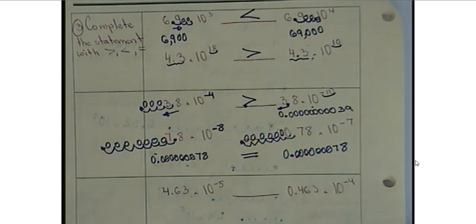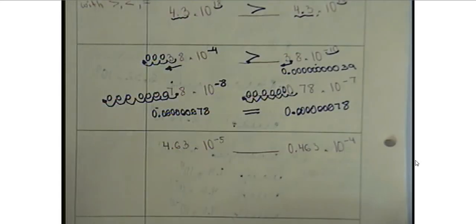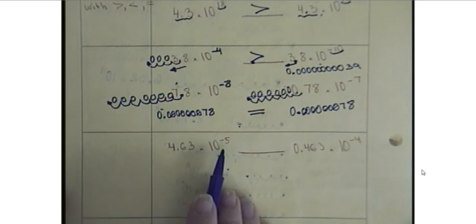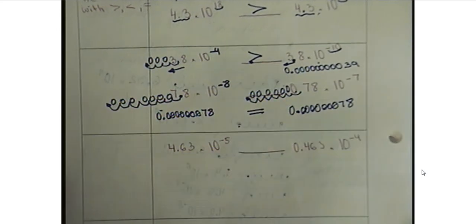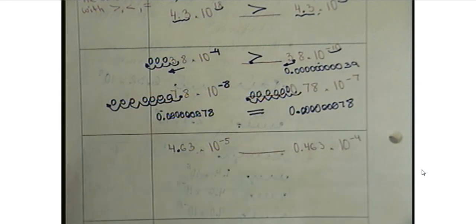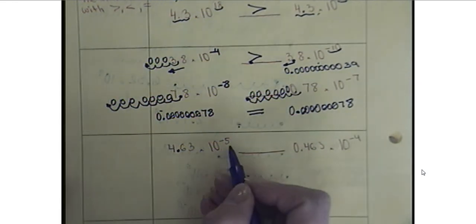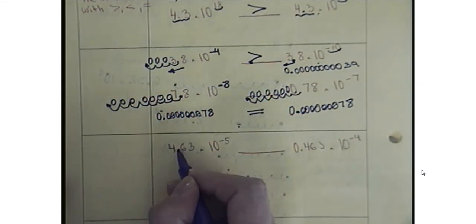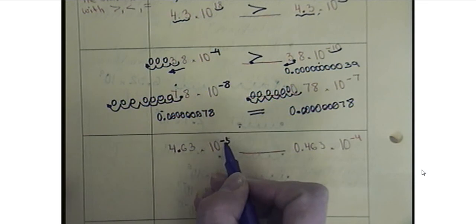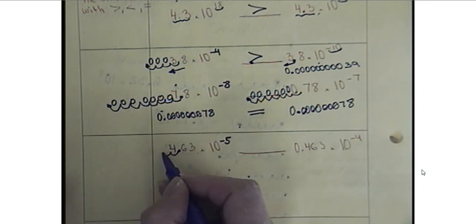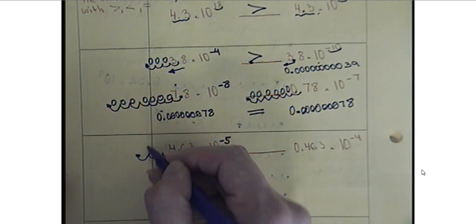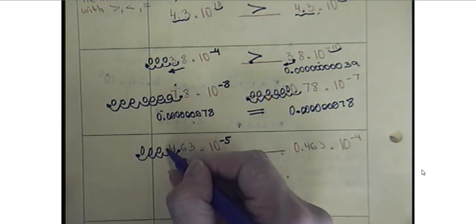So in this problem, we have two numbers equal to each other. And the last example is very similar to what we just did. Let's go ahead and practice with another example like this. We have 5 jumps here to the left to make it smaller, again because of the negative exponent. So I'm going to count 1, 2, 3, 4, 5 jumps, and fill those with zeros.